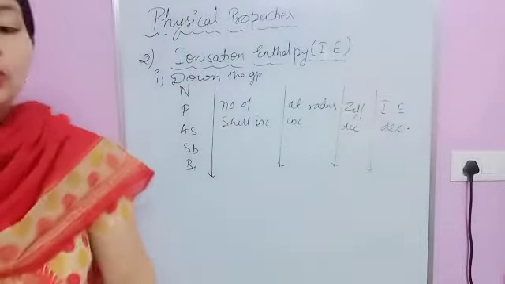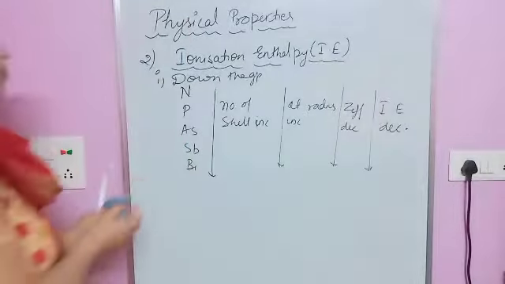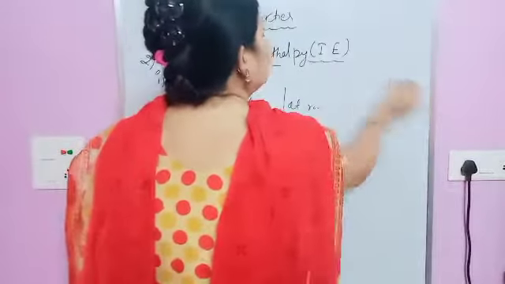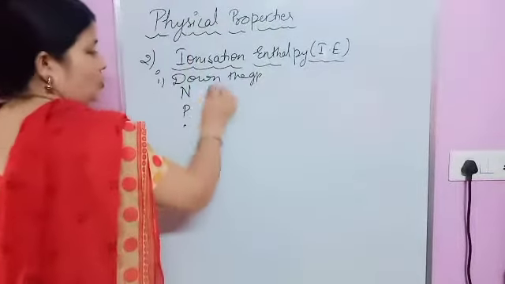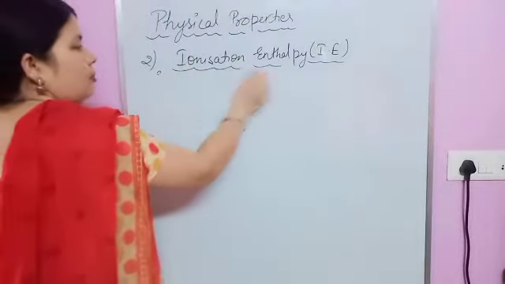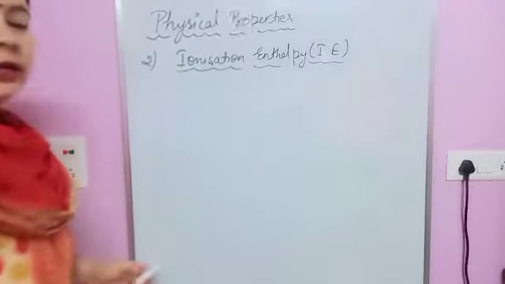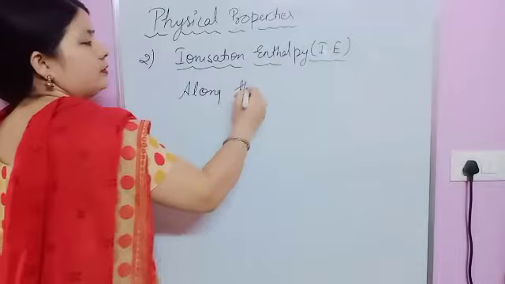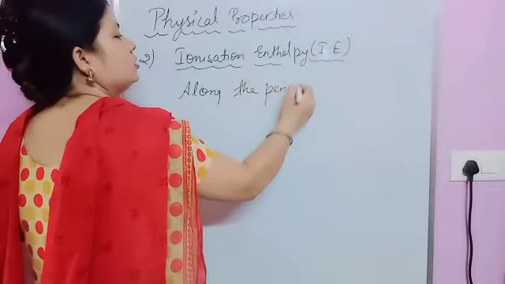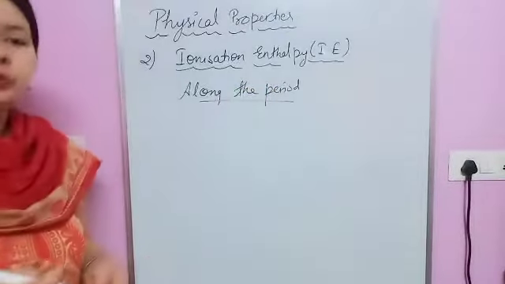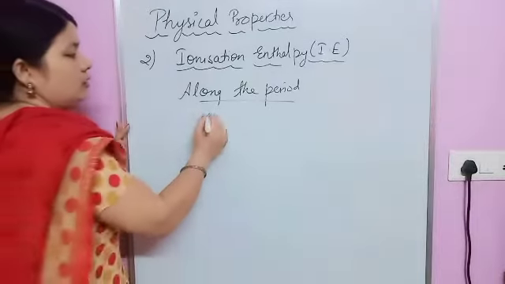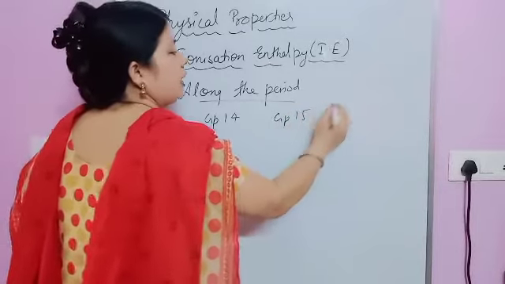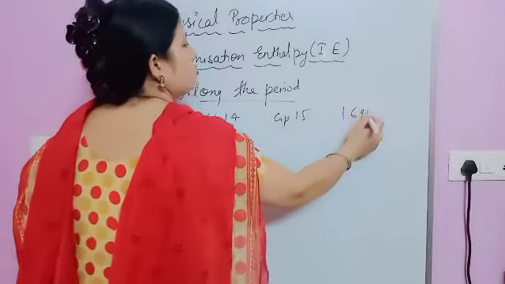Then what about across the period? Whenever I am explaining across the period, it is a comparison with the previous group and the upcoming group. Along the period, group 14, then group 15 and 16th group, same condition.